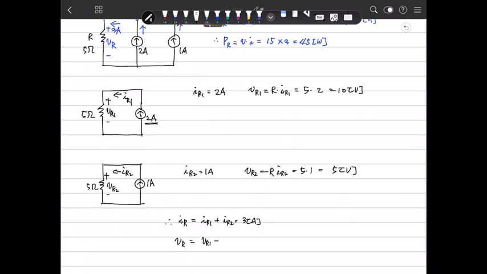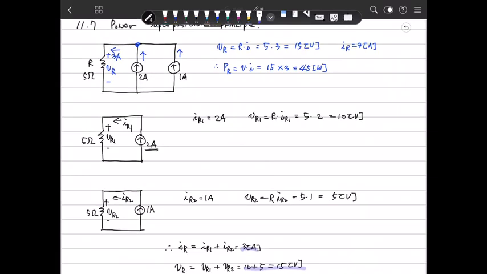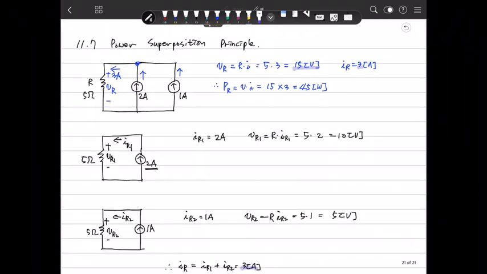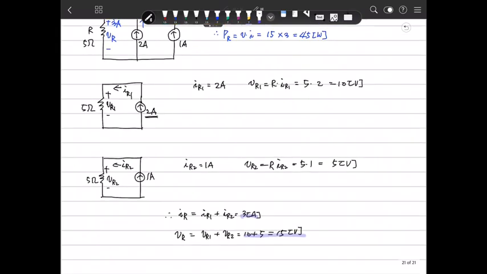It is VR1 plus VR2. So there will be 10 plus 5, 15 volt. This result is exactly the same as these solutions. So when you analyze the circuit, the voltage and current, then you can use superposition directly. Then the two results are identical to each other.